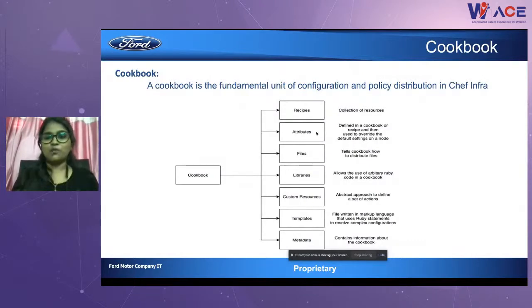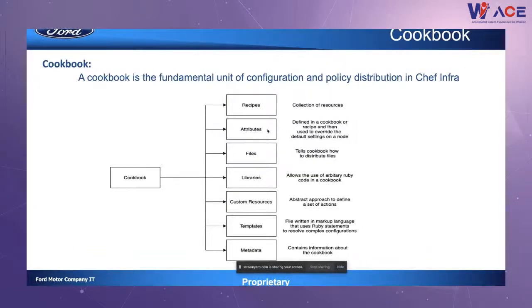And then, we spoke about cookbooks, recipes and all those things, so now in depth about what those are. What is a cookbook? If you're creating a policy file, the basic unit is going to be your cookbook. It's the fundamental unit for your configuration, right? Say for example, you're writing a cookbook, and I'm roughly giving you an algorithm kind of representation here.